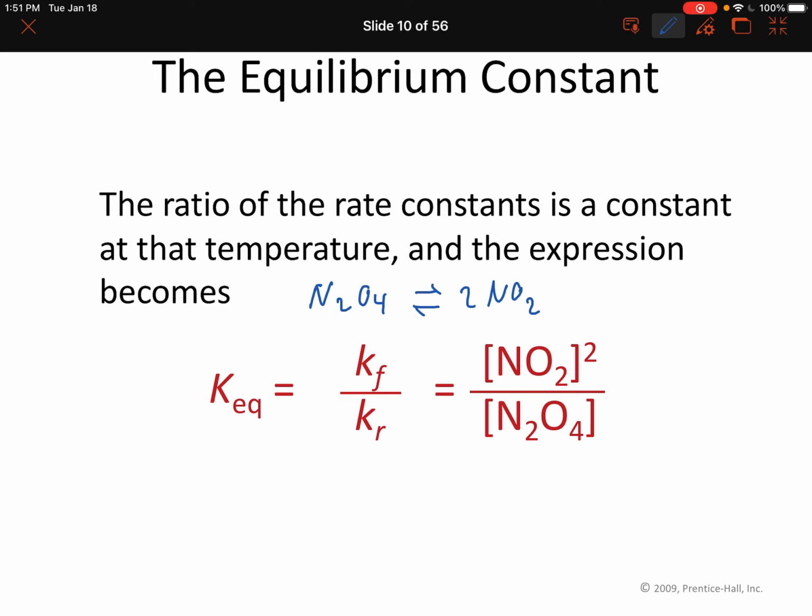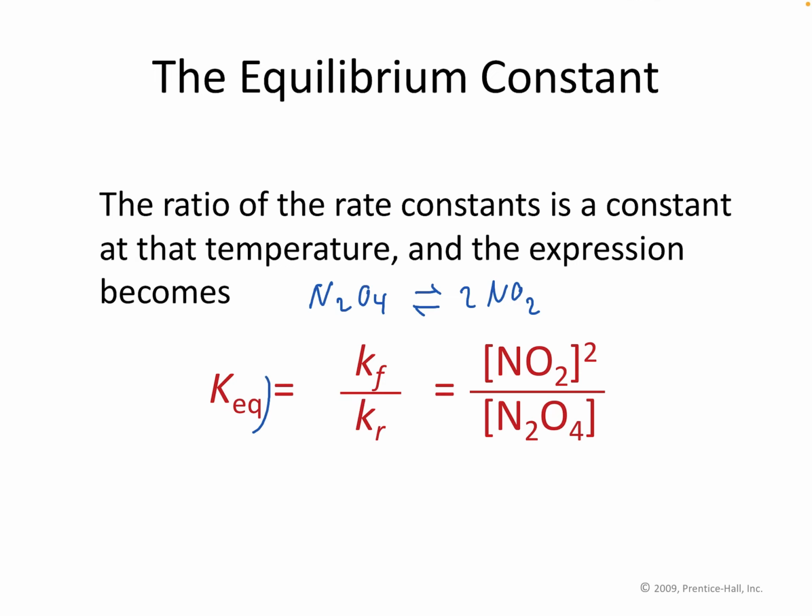In theory, the equilibrium constant will vary a bit with temperature, but for a fixed temperature, this will be a constant. Here's something that can be tricky to keep track of. The equilibrium constant K is a capital K, and the rate constant k is a lowercase k. Be sure your two letters look very different from each other, so that you know whether you're thinking about equilibrium or the rate constant.